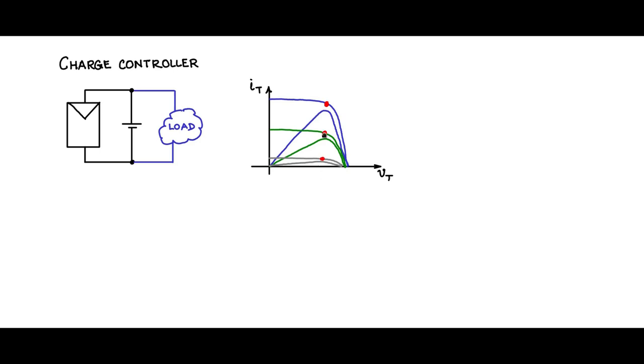So if you see the locus of the peak power points, or the locus of the maximum power points, the operating points will be along somewhere in this almost vertical, near vertical line.